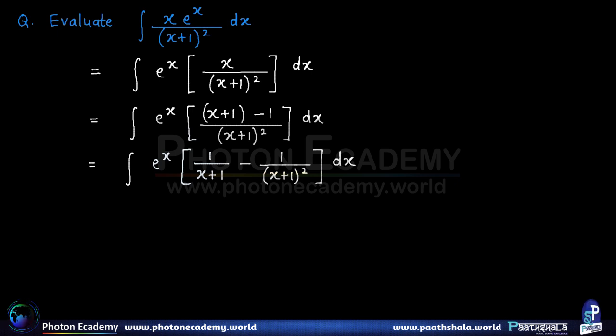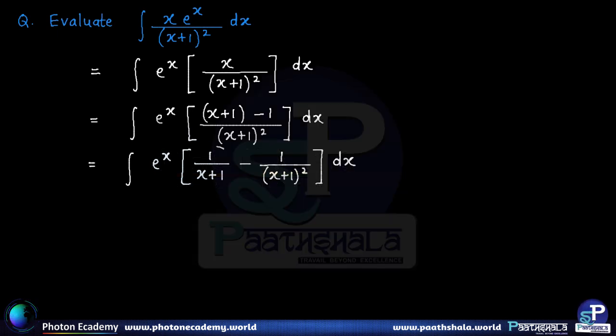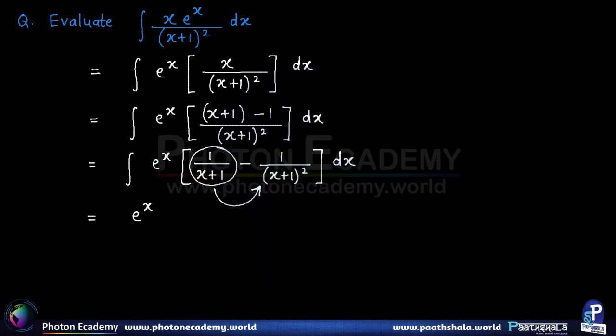And now we can immediately spot that the first term, 1 upon x plus 1, has to be considered as the function, because its derivative is nothing but minus 1 upon x plus 1 the whole square, as we can easily see. So therefore the answer is e raised to x into 1 upon x plus 1, so it is e raised to x upon x plus 1 plus c. That's the final answer.